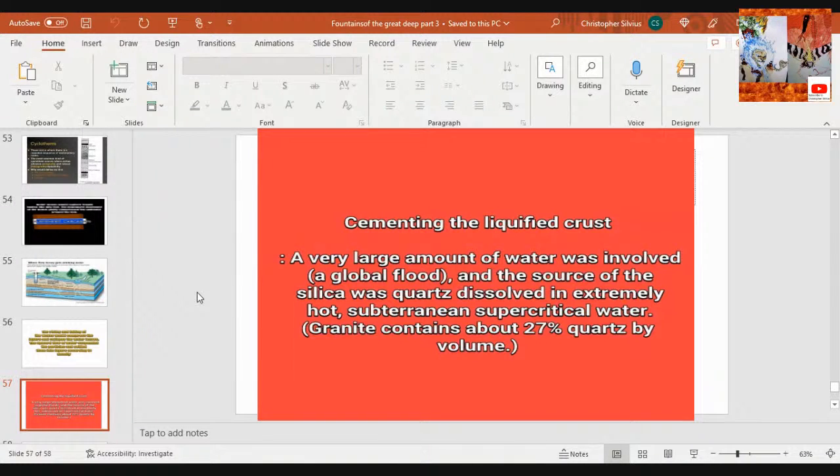But then the silica just formed from the granite rock itself being eroded by supercritical water over the many centuries before the flood happened, because the flood is a result of all the water that was under the crust of the earth before the flood being heated to a super high temperature so that it could escape. So God basically set up a ticking time bomb, probably somewhere around the time when Adam sinned, with this natural tidal pumping of the earth.